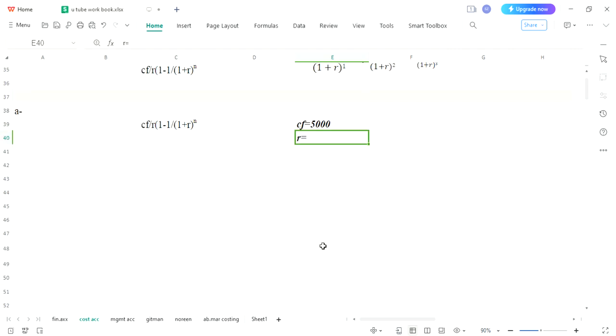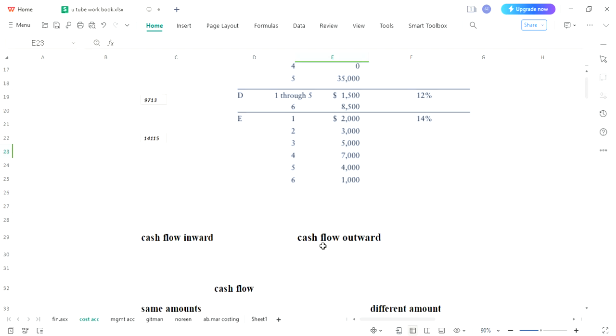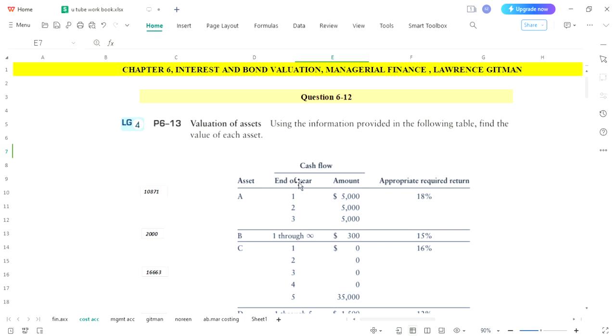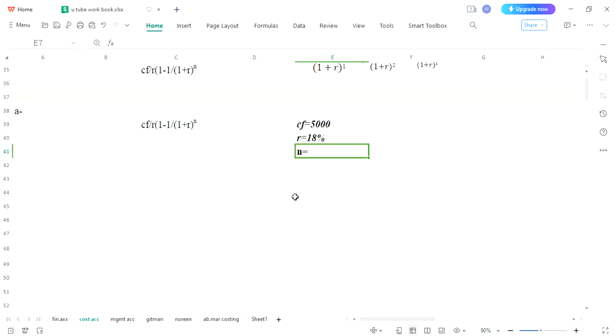So write down 18%. And then the number of years is also mentioned. Go back to the question and you can see that we have three years, three different cash flows. So N would be considered as 3.